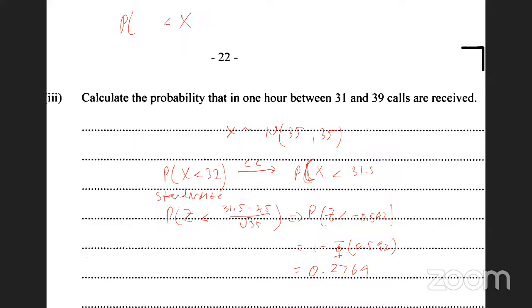31 and 39. Apply continuity correction. Calculate the probability that in 1 hour between 31 and 39.